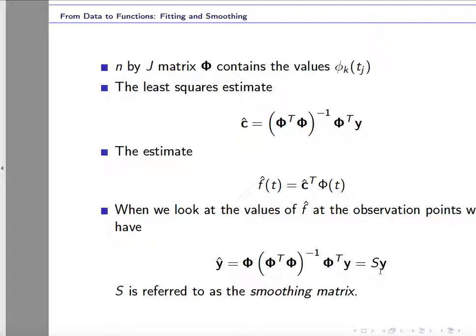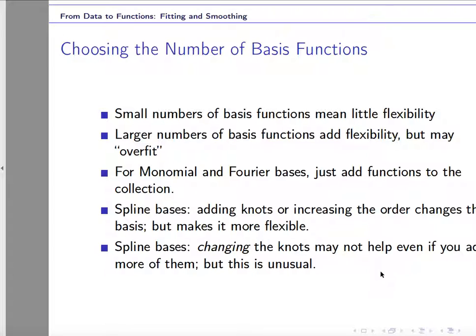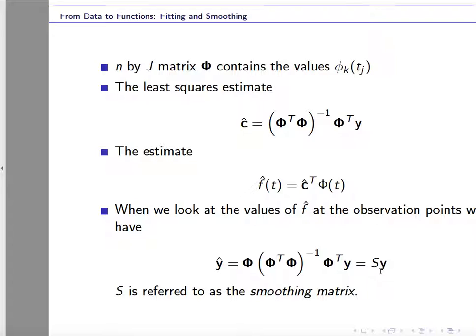We will talk about this later on. I just want to give you the idea. This S is very important for deciding the number of parameters in the model if we don't know. Okay, so this is how we estimate the basis coefficients.